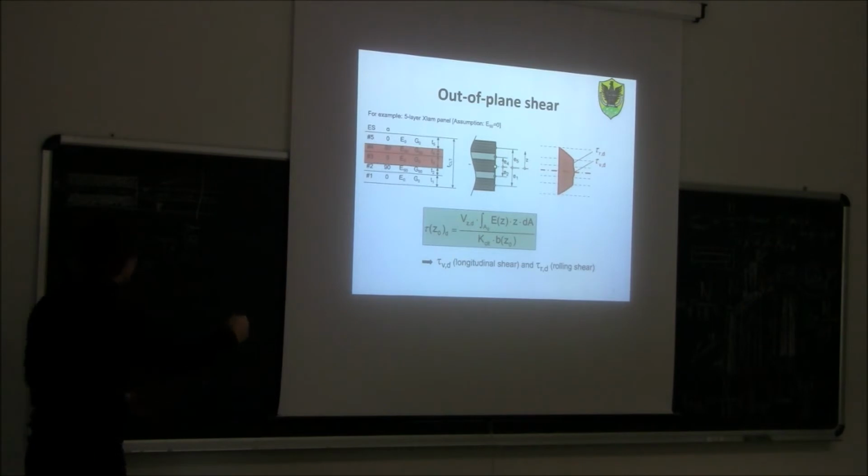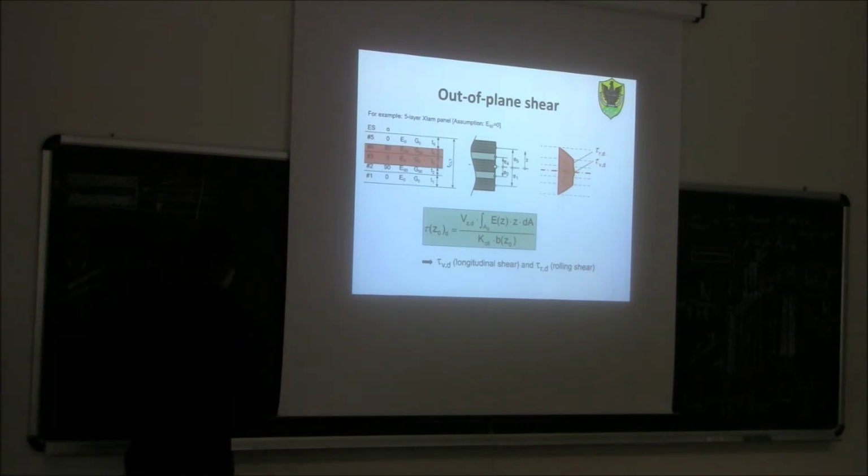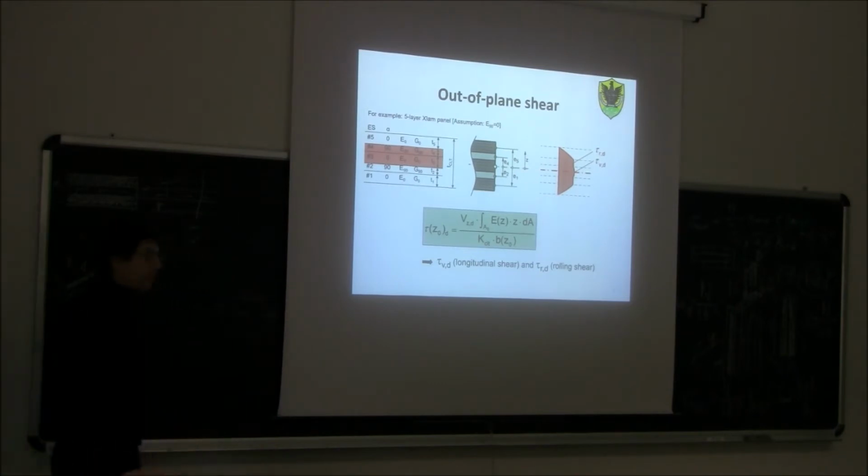So remember, if you have something like this, you need to find the neutral axis, x, and then say, okay, I'm going to calculate the tau on a certain fiber, at a distance y from the neutral axis.